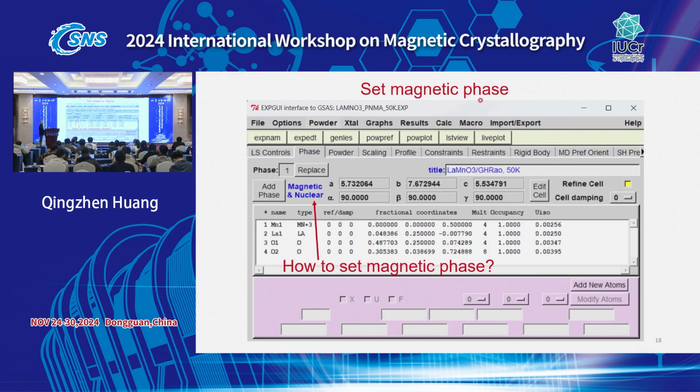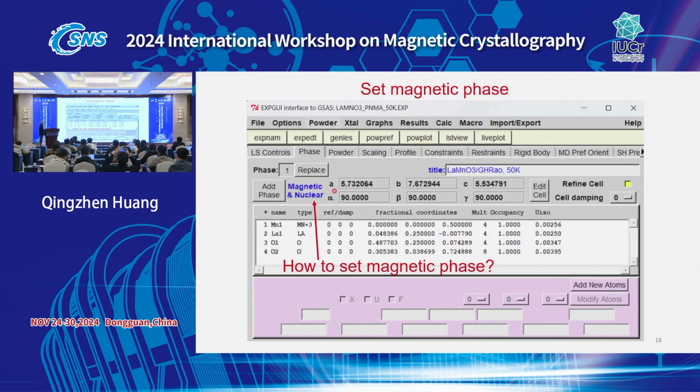Now, we have a study model and we create the magnetic space group. Why do we create a magnetic space group? Because in GSAS, it all uses the space group as input for the magnetic structure refinement. So here, we need to set our magnetic phase.